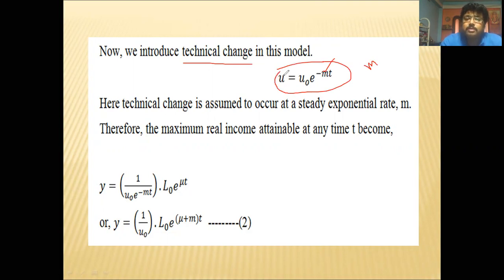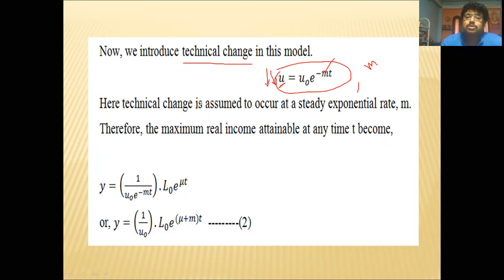This is the labor output ratio, and this labor output ratio will decline if there is a progression in technological change. There is an inverse relationship. So as there is technological progression, U will decline.